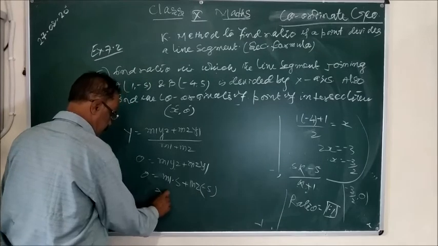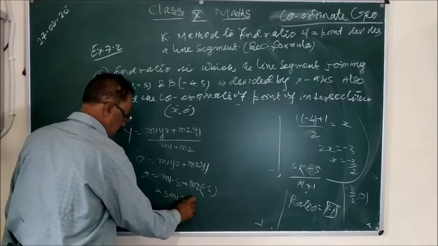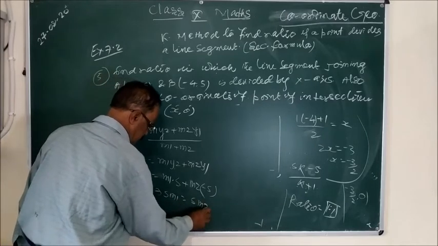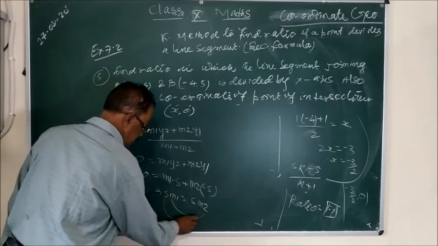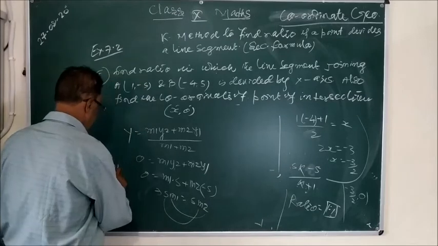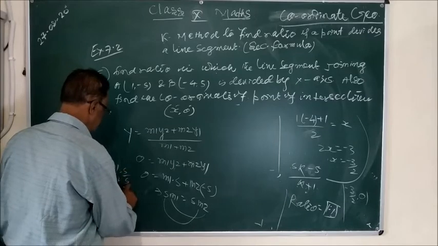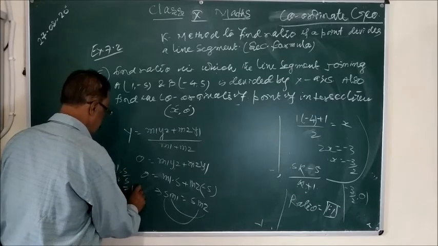This means 5 m1 is equal to, if you transfer, 5 m2. Transfer the 5 here, so m1 by m2 is equal to 5 by 5. This means 1 is to 1. This is the ratio.